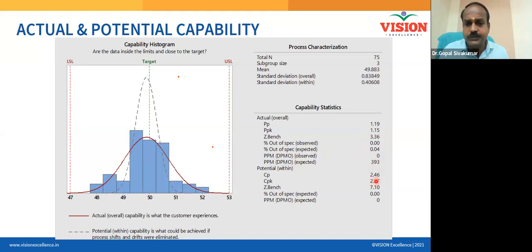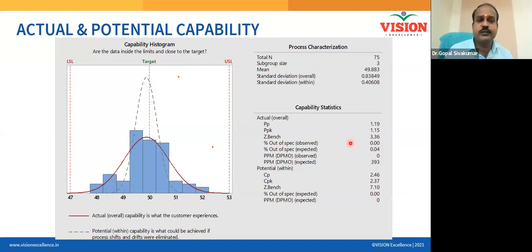Cp Cpk sounds good, but Pp Ppk is sounding bad. That means this capability is okay if you are looking at producing some small numbers, no problem. But the same capability is not sufficient if you are looking at producing some big numbers. But what is small and big, you have to define. All of you understand? Producing just 500 pieces and sending and dispatching it, it's not a big deal.